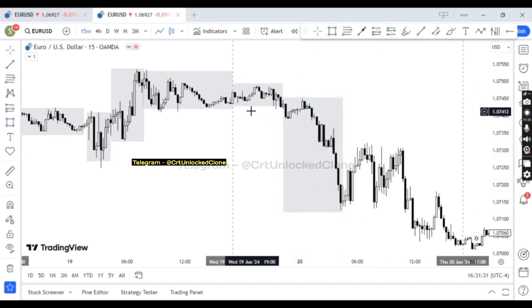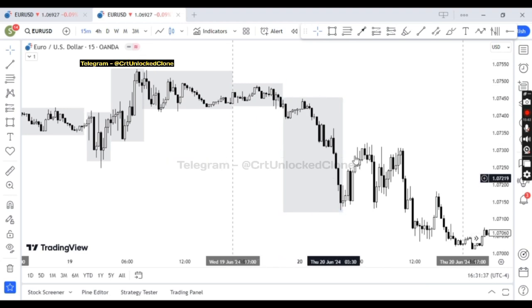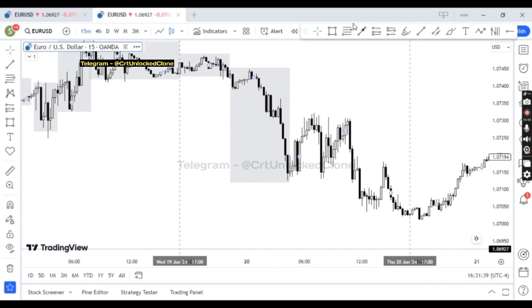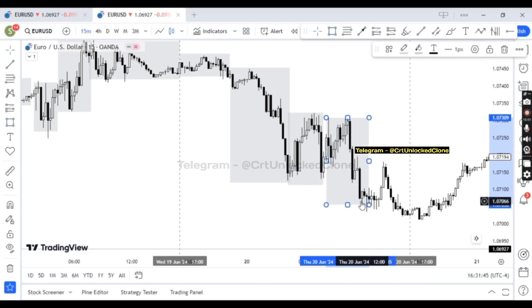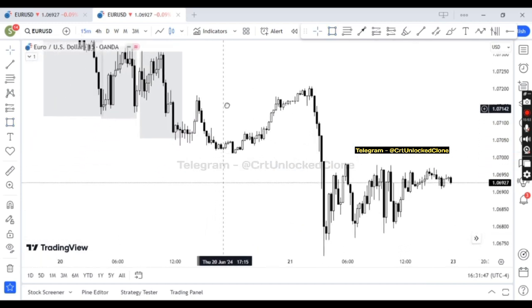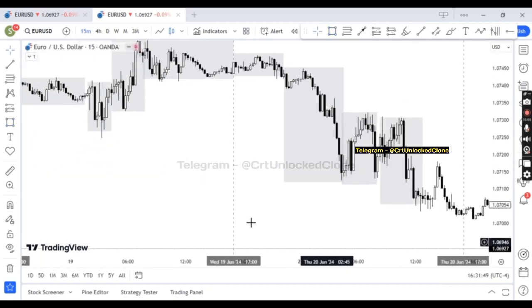So after a ranging profile, the only possible outcome for price is either a manipulation or an expansion, and in this case we had an expansion. And then after an expansion we had a retracement, and then another expansion. So that's exactly how the market moves.